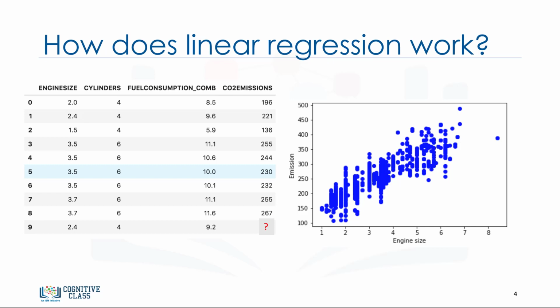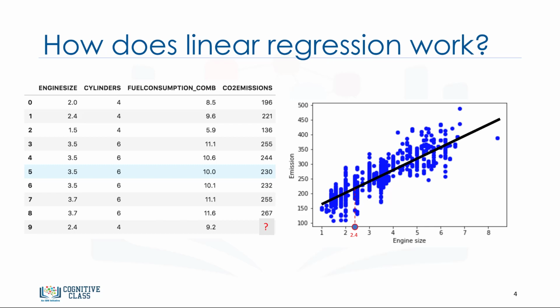Also, it indicates that these variables are linearly related. With linear regression, you can fit a line through the data. For instance, as the engine size increases, so do the emissions. With linear regression, you can model the relationship of these variables. A good model can be used to predict what the approximate emission of each car is.